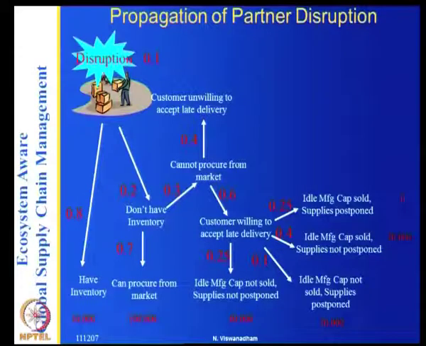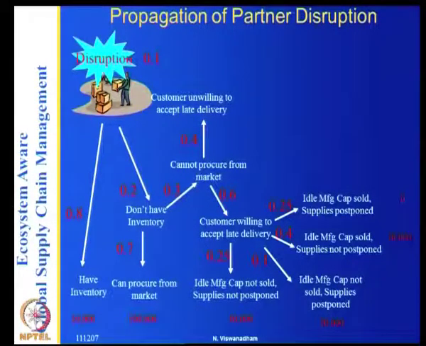So you try to sell the idle manufacturing capacity, but you usually never have just one supplier. There are several components; for example, in auto plants there are 3,000 other suppliers. For those other suppliers, you ask them to postpone also, because you are not getting this component.